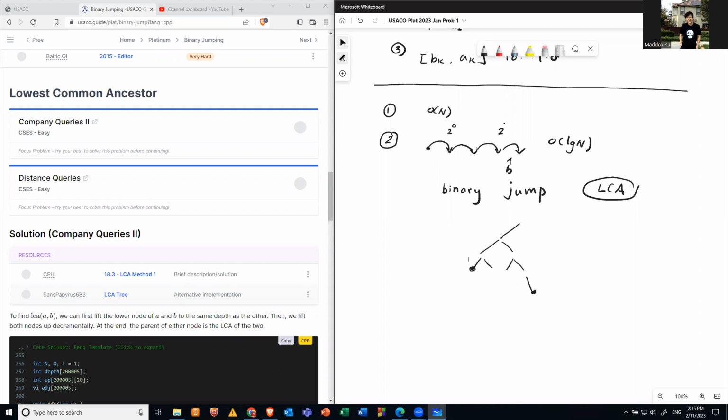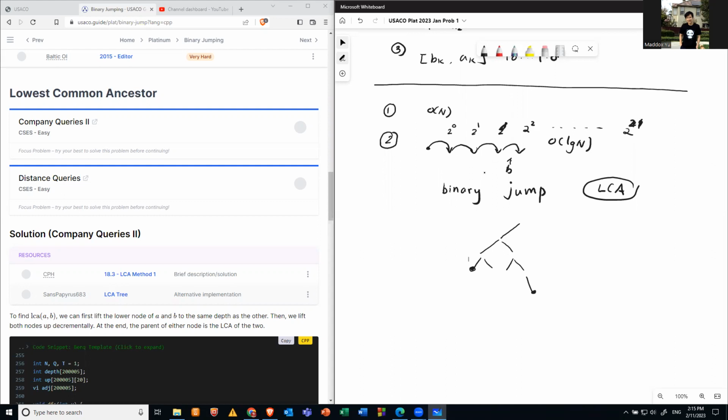How many is power of 1, which is 2 jumps. How many is power of 2, which is 4 jumps. All the way to 2 to the power of 19, because of the limitation of n. 19 or 20, just to be safe, 21.